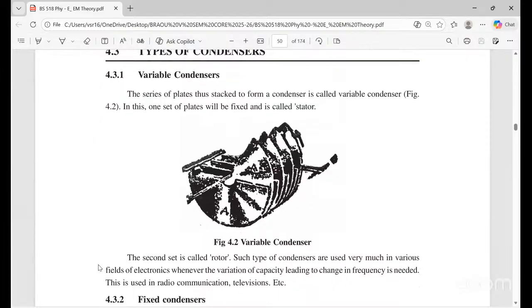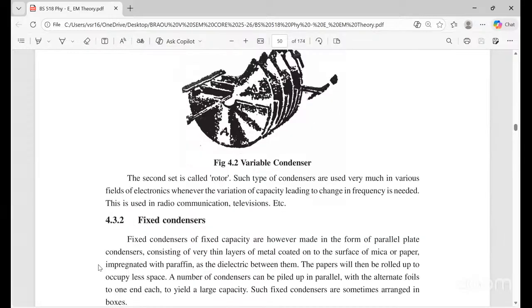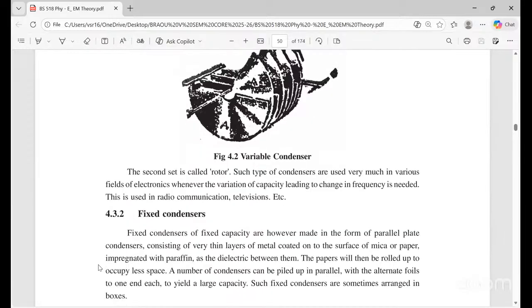This is a variable condenser. A series of plates stacked to form a condenser is called a variable condenser. One set of plates is fixed and is called the stator, like this, and the second set is the rotor.